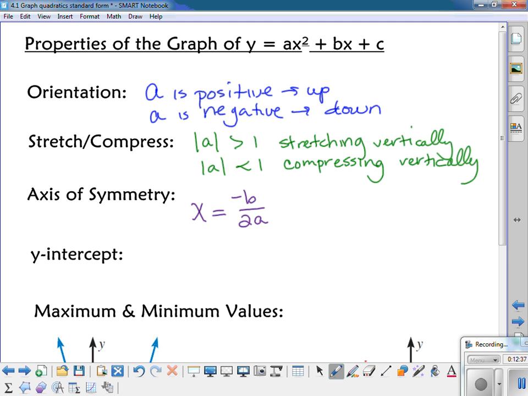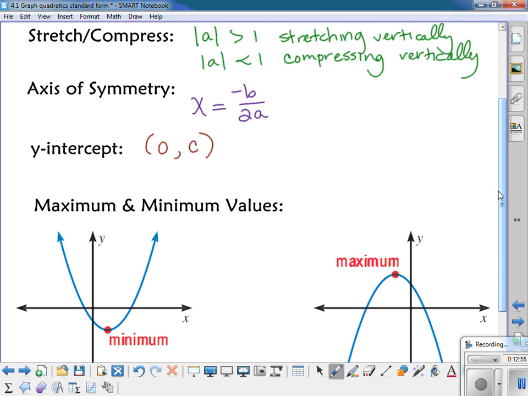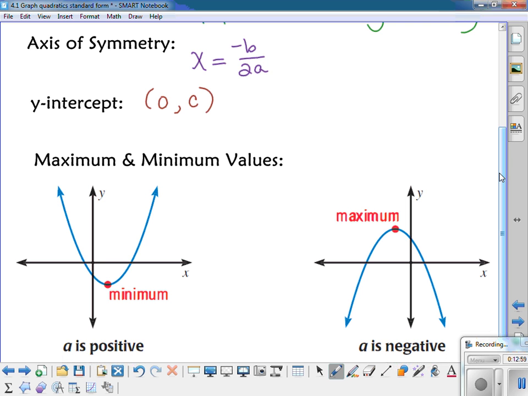And the y-intercept is when x is 0. So if x is 0, my y-intercept is always going to be whatever c is. Okay. And then the other thing is we have maximum and minimum values. If a is positive, we have a minimum value at the vertex.